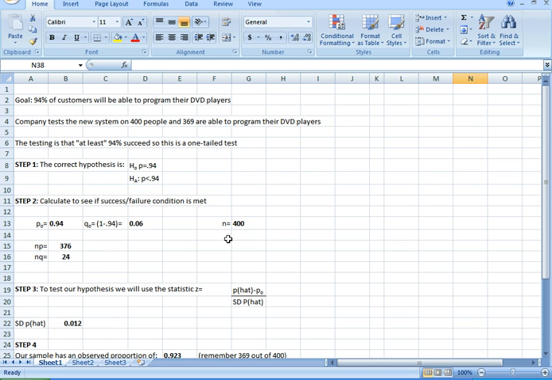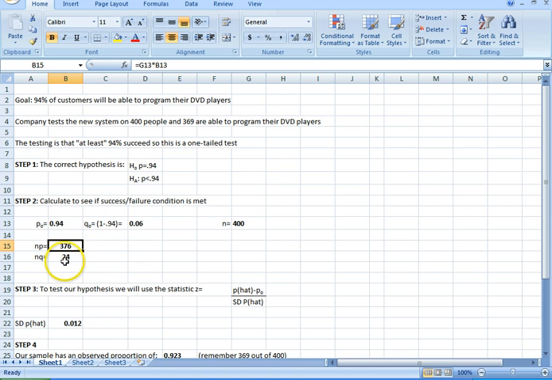So from that we can make our first calculations of np. Click on the cell, look up at the top, and you can see what we had to do to calculate np. So G13, which is the number that we had in n, which is 400, times B13, 0.94, we get 376.